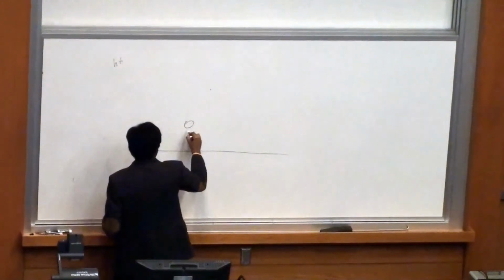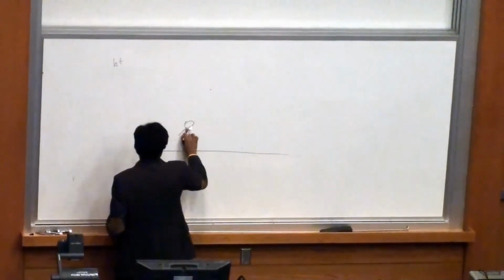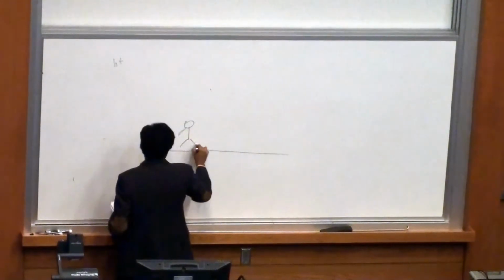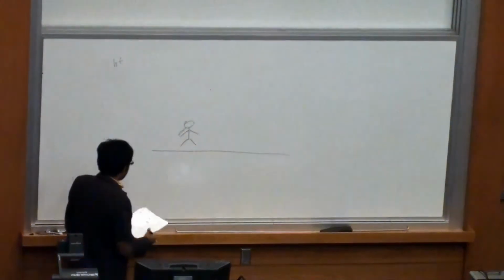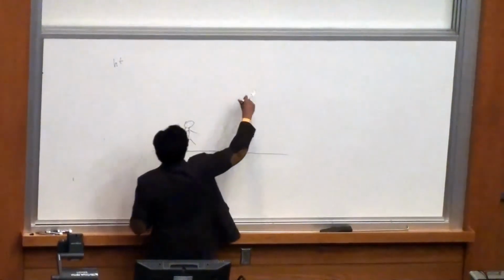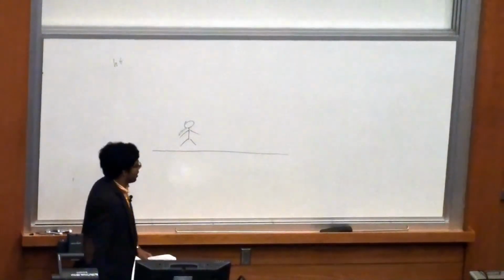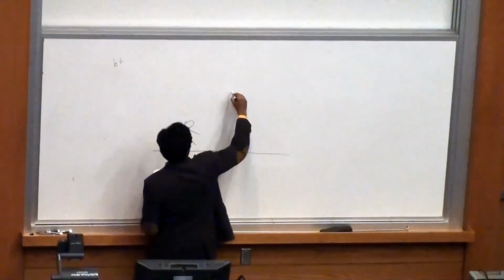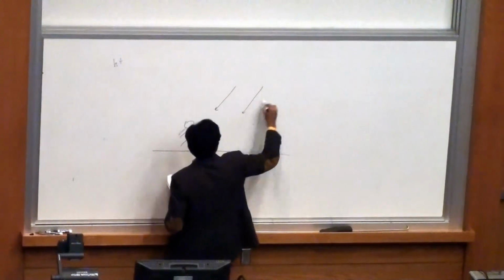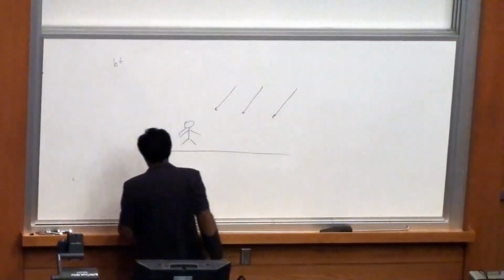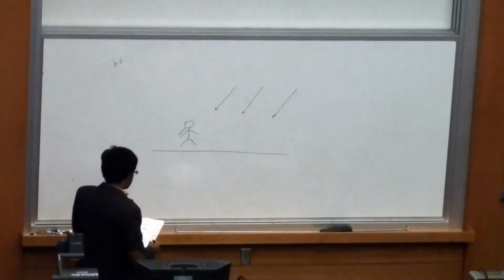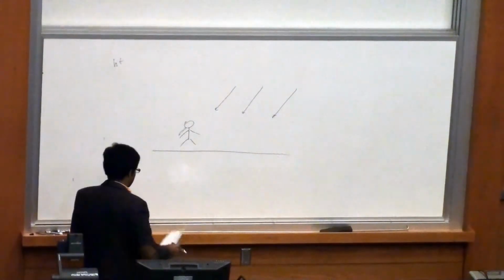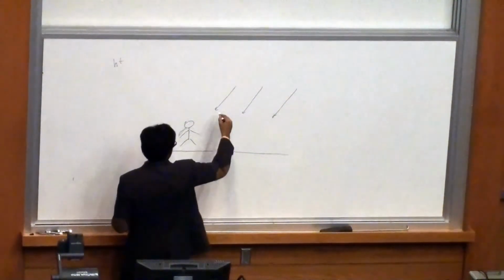So if I'm standing here and I have the sun up there, it's now midday, and I have light coming in. All right. So light's coming in, hits the dust particles, and it would scatter.